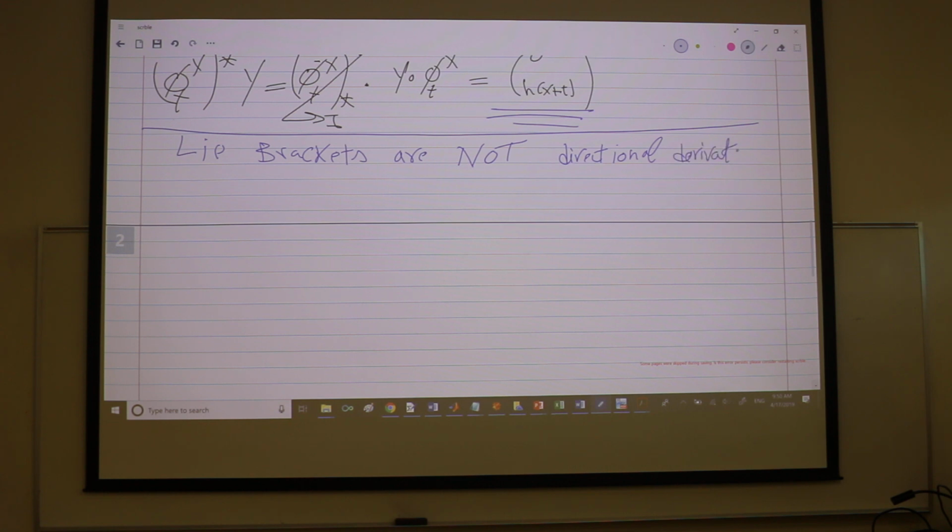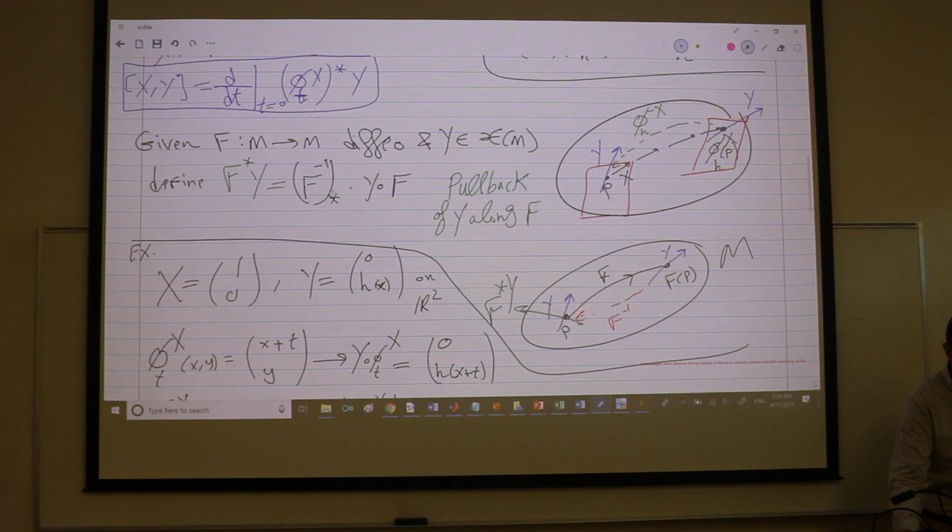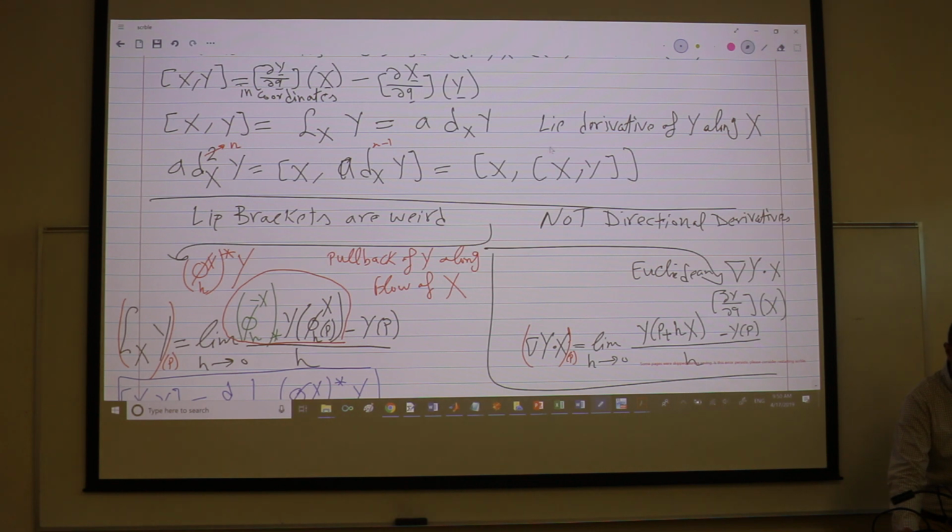Because the language, the Lie derivative of y, appears in all differential geometry books and in control theory, geometric control. You will see that the Lie bracket of x and y is indeed written as L_x y, and it's named the Lie derivative of y along x. So this might give you the intuition or the indication that the Lie bracket is the directional derivative of y along x. This is not the case.